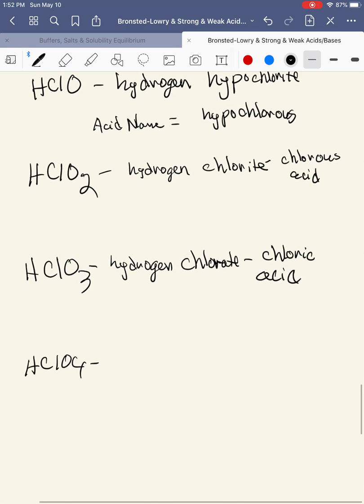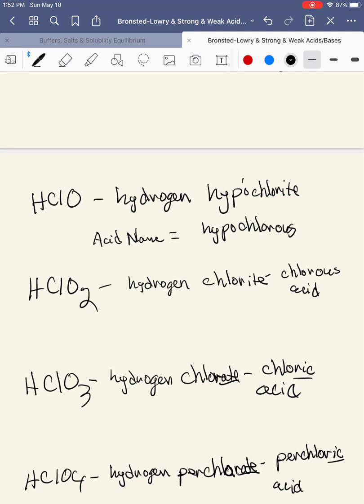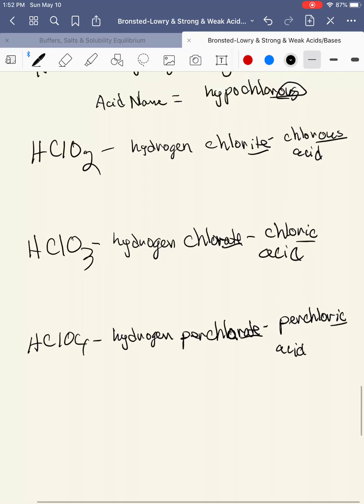And HClO4 would be hydrogen with a perchlorate ion. So again, ate goes to ic, perchlorate, spell it right, perchloric acid. So ate goes to ic, ate to ic, ite goes to ous. Ite goes to ous. So that's the way you name your acids.